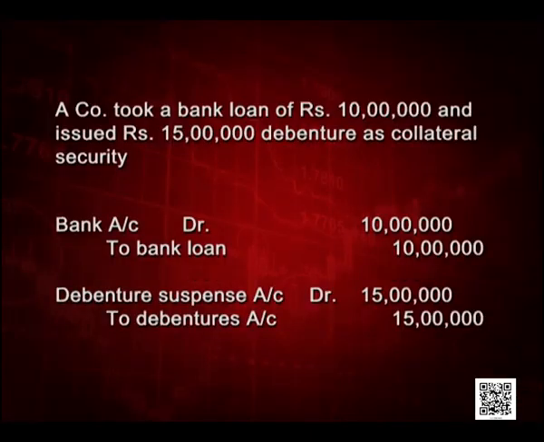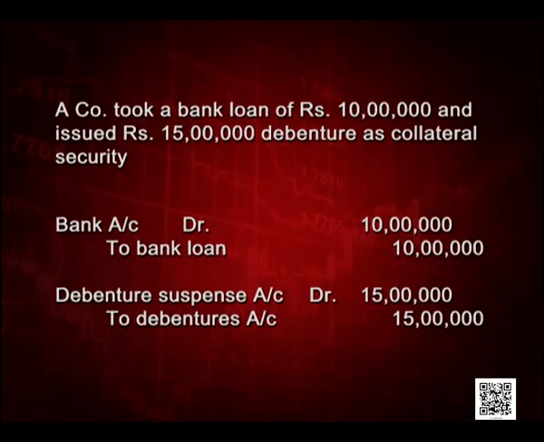But in the next entry, when we have to show that we have issued debentures, I hope you know when you issue debentures, debentures is credited. So, debentures will be there 15 lakh, but you can't debit bank account because money is not flowing in. So, what you will do? It is debenture suspense account debit to debentures, because these debentures are not actual debentures.